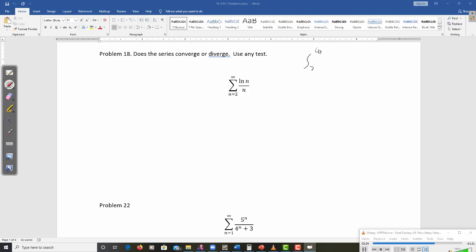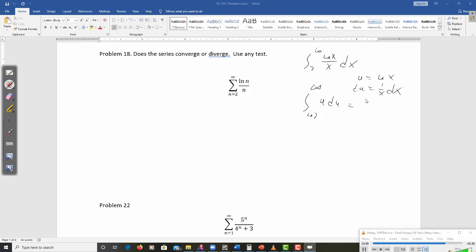If we look at the integral from 2 to infinity of ln x over x dx, you can just use u equal ln x. So du is 1 over x dx, which is exactly what I have. So it's the integral, I guess I could convert the limits, from ln of 2 to infinity of u du.